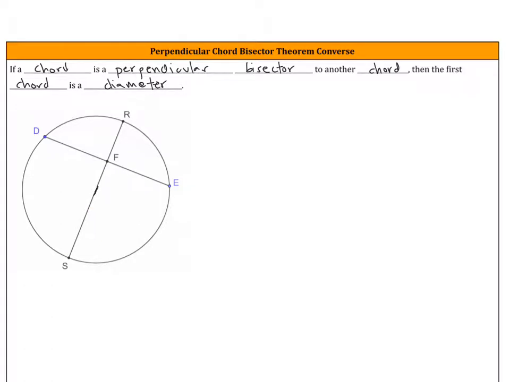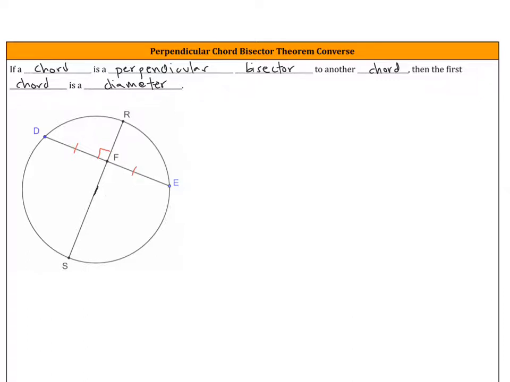At this point, it's just a chord. But if chord RS bisects chord ED, and not just that, if it bisects it, but it is also perpendicular to it, in other words, it makes a right angle with it, then we are allowed to assume that chord RS is actually a diameter.